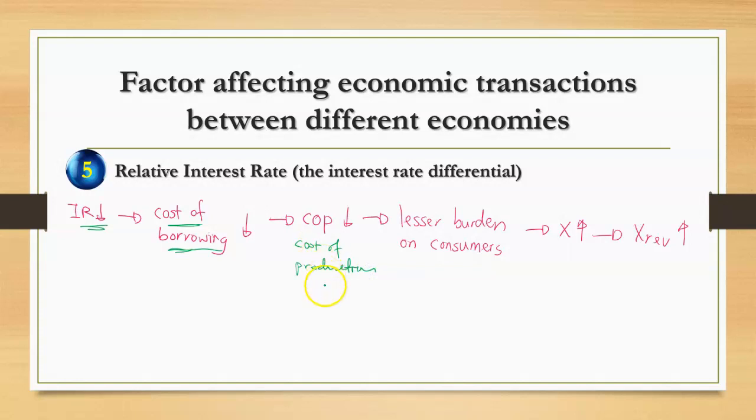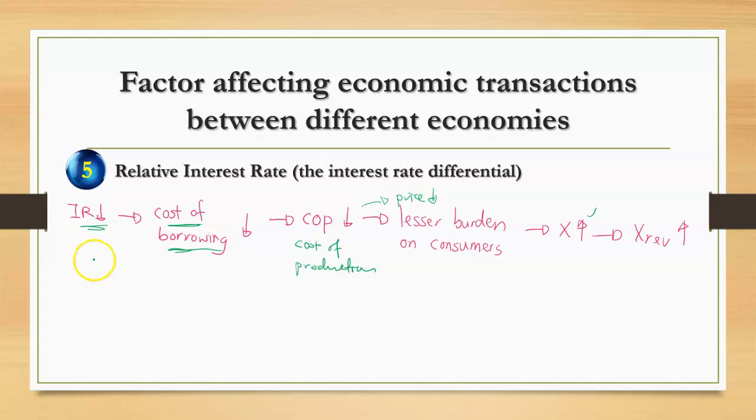So when our cost of production is lower, we can try to reduce our price, or at least maintain the price, to keep it competitive. So consumers will find it less burdensome to buy our products. In that case, demand for our export would increase, and therefore we will have a higher level of export revenue.